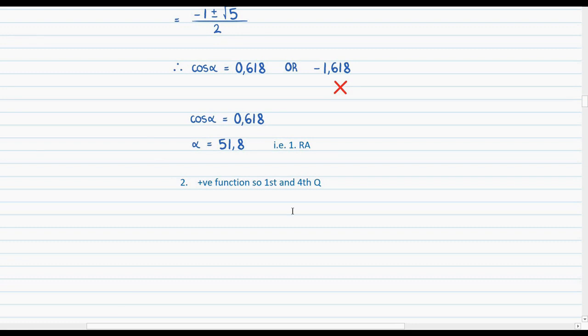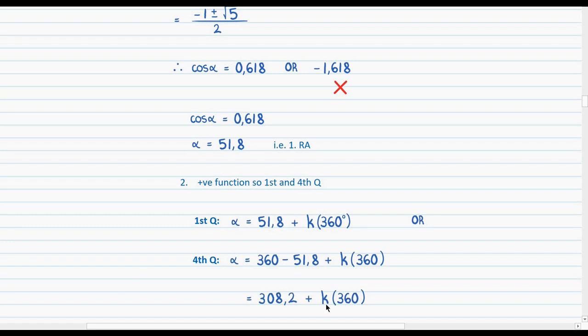So for the first quadrant, the solution would be 51,8 plus k times 360 degrees. And for the fourth quadrant, it would be 360 minus 51,8, or in other words, the reference angle, plus k times 360 degrees. Finally, giving the second general solution as 308,2 plus k times 360 degrees.